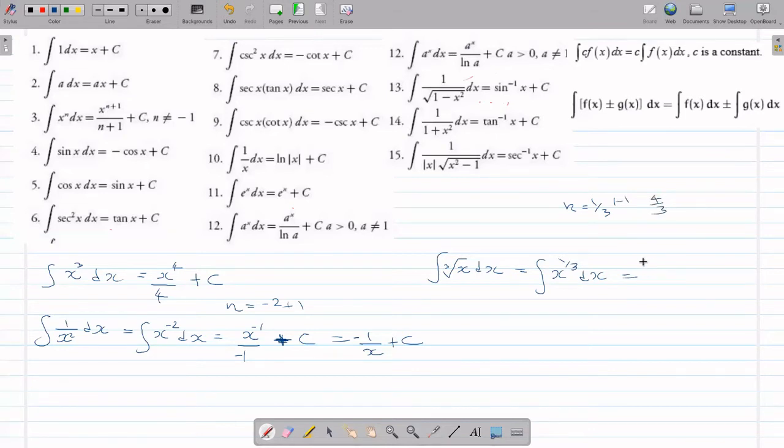I get x to the 4 over 3 over 4 over 3 plus c. Here I can flip and multiply, so I get 3 over 4 x to the 4 over 3 plus c. Any questions up to now?